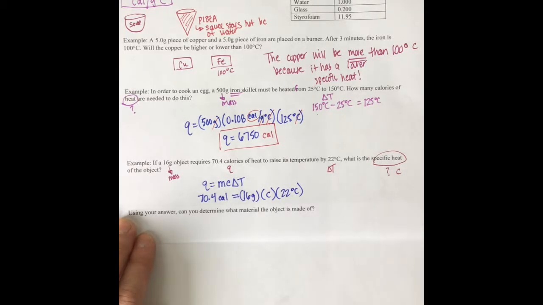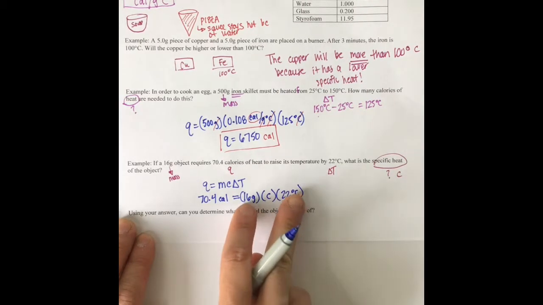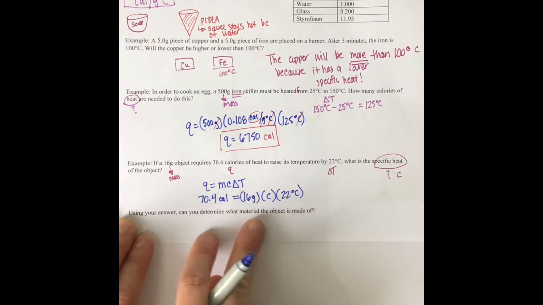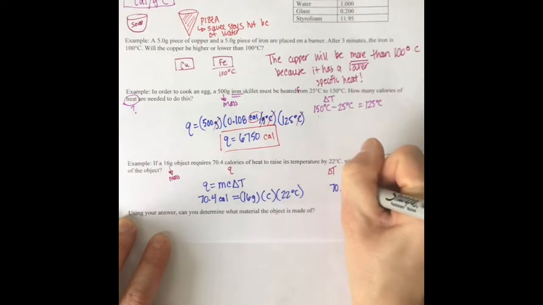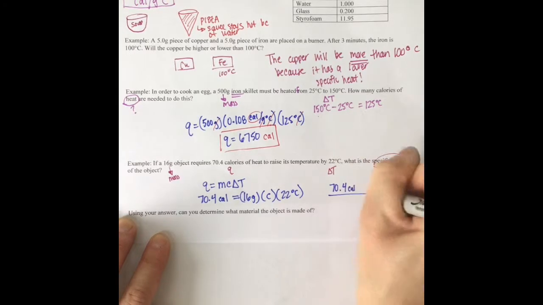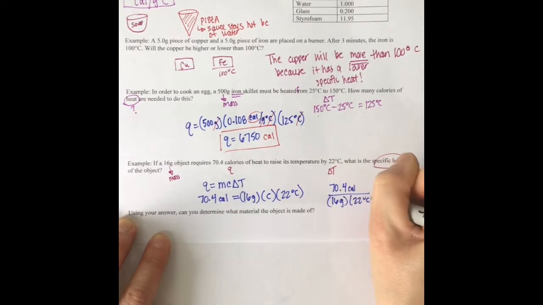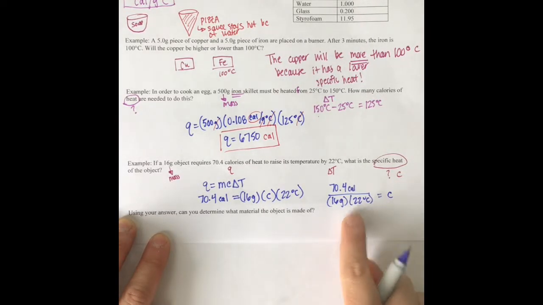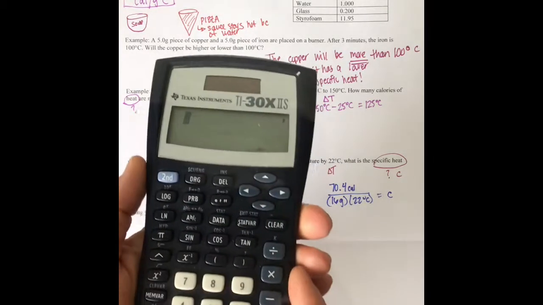This is really one of the first algebra problems we've solved together. If you want to get C by itself, remember you need to divide these over here to get C alone. So that would look like this. Divided by, that way we have C all alone, and we can solve our number problem on the left.